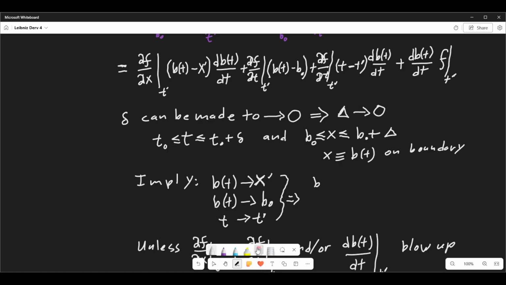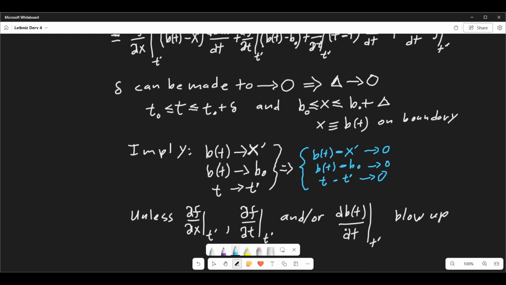Let's actually use a different color to make this a little cooler. So this will basically imply that these guys, b of t minus x prime, b of t minus b naught, and t minus t prime, are all going to go to 0. As these things basically get squished together, all of these guys are going to go to 0.